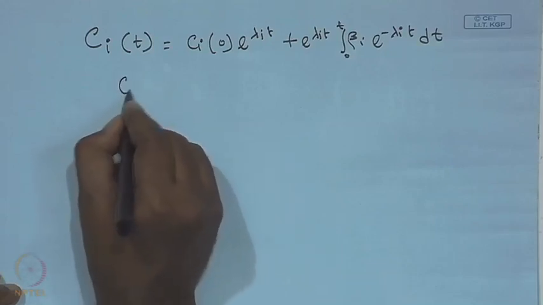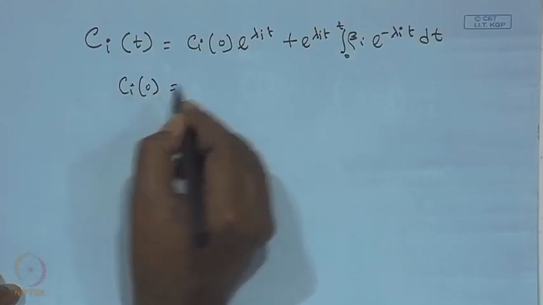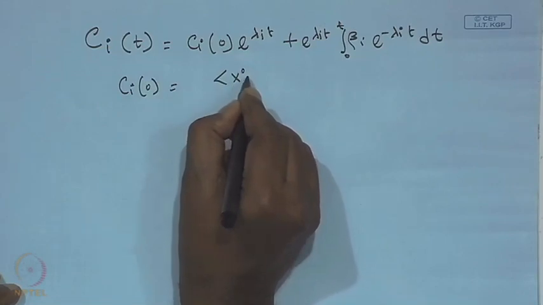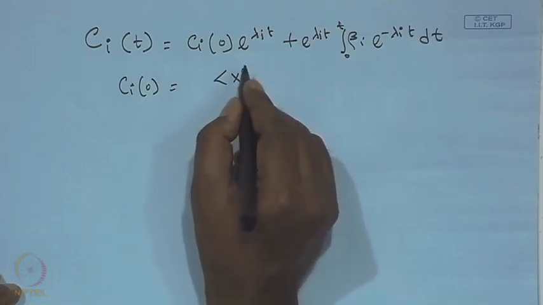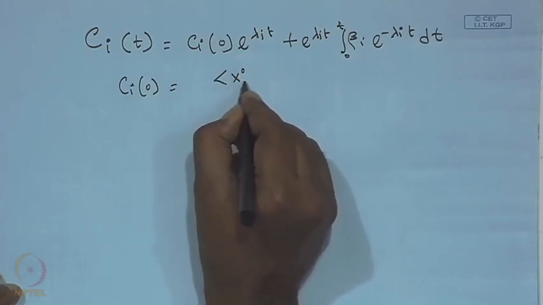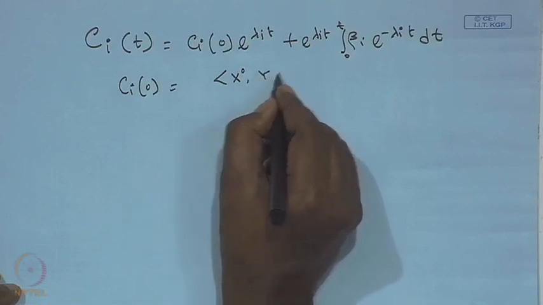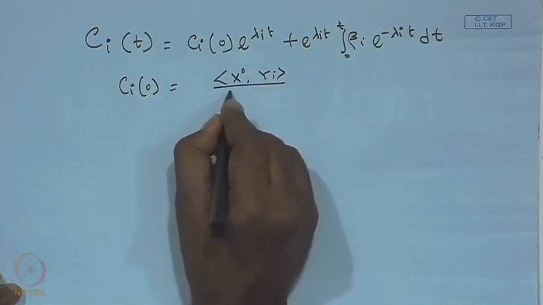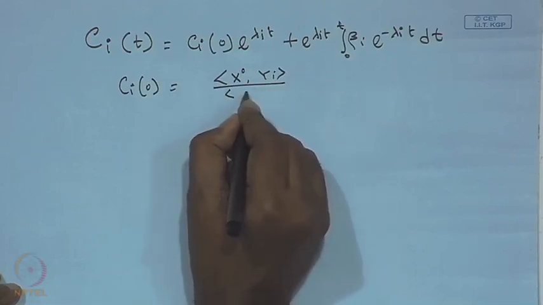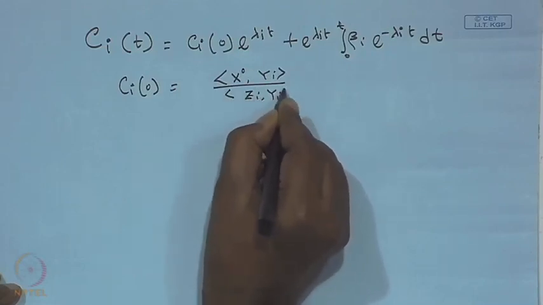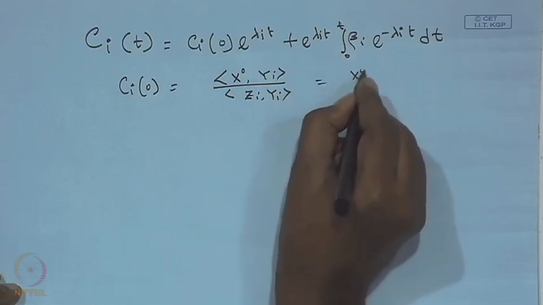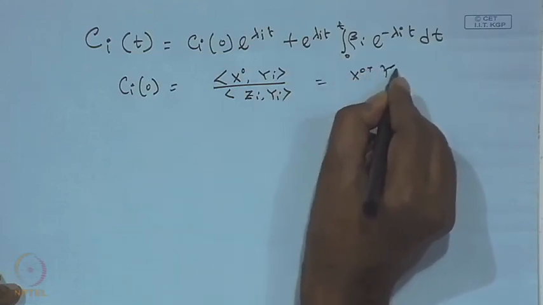The coefficient c_i0 can be expressed as the inner product of x_0 and y_i divided by the inner product of z_i and y_i, which is x_0 transpose y_i over z_i transpose y_i, as we have already written.